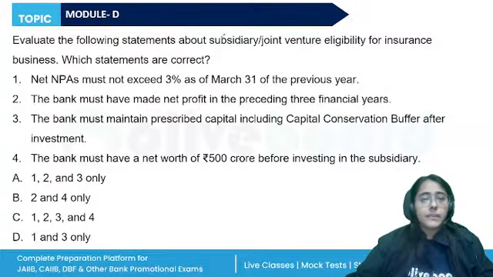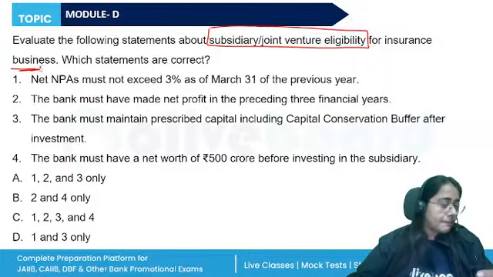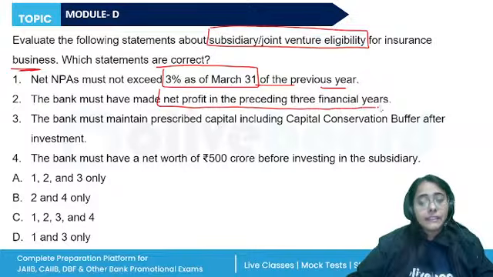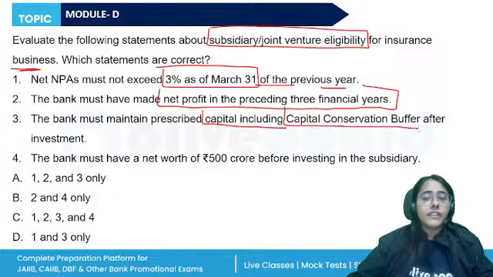Evaluate the following statements about the subsidiary or the joint venture eligibility for insurance business. Net NPA must not exceed 3% as of 31st March of the previous year. The bank must have made net profit in the preceding 3 financial years. Bank must maintain prescribed capital, including capital conservation buffer.